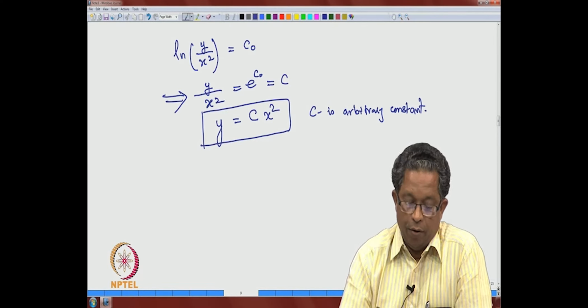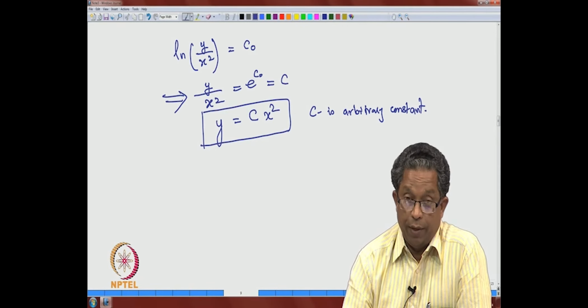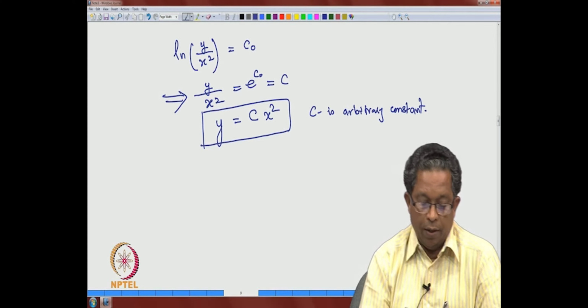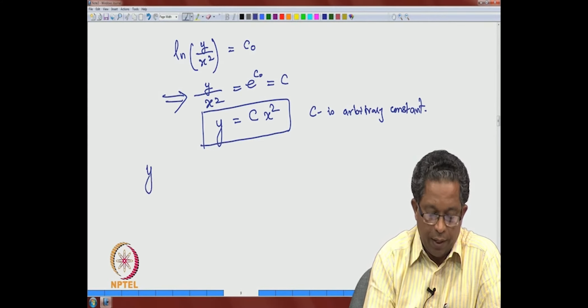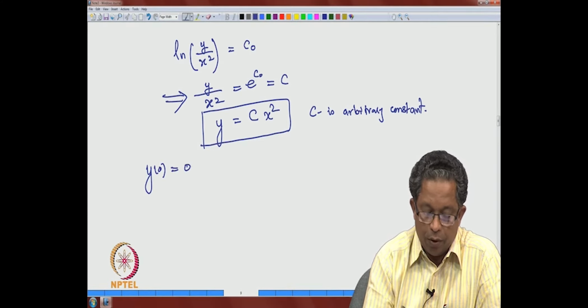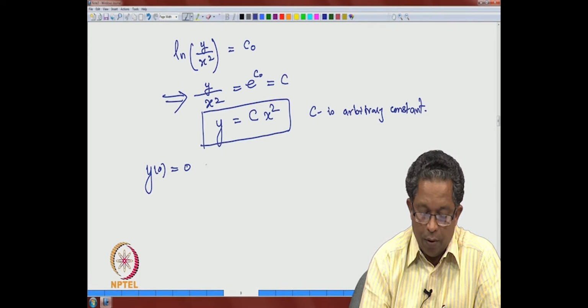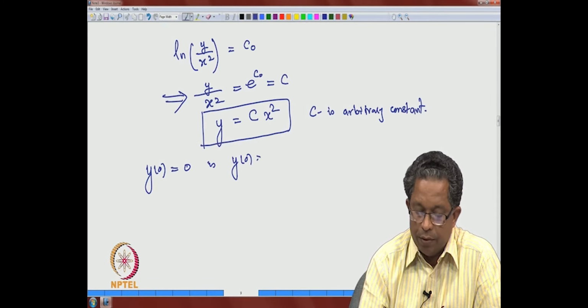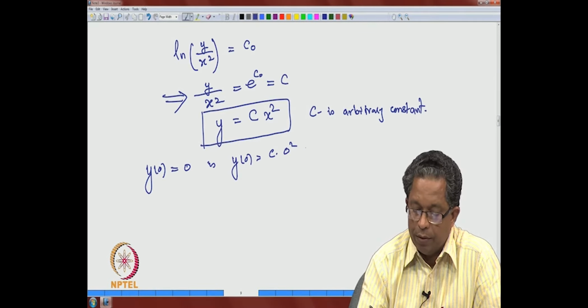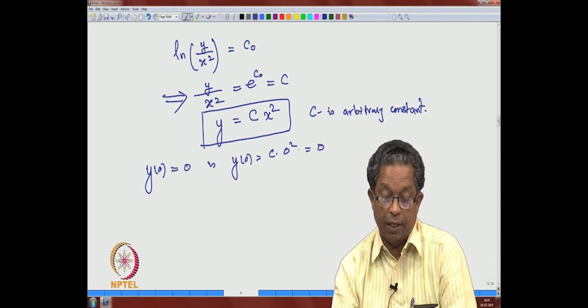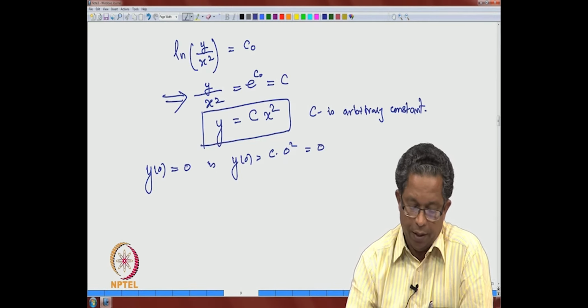For every value of C, y is equal to C x square is a solution, and the initial condition y at 0 is equal to 0 is obviously satisfied. y at 0 is C into 0 square, which is 0, so it is satisfied for all values of C.